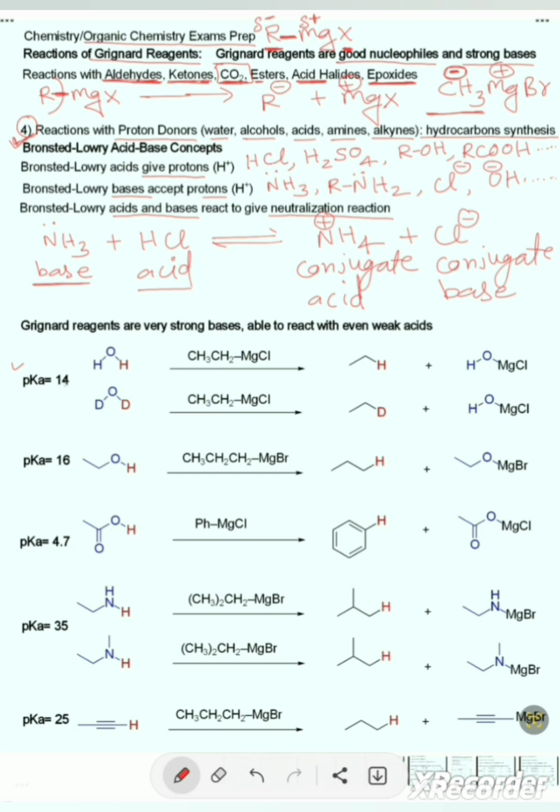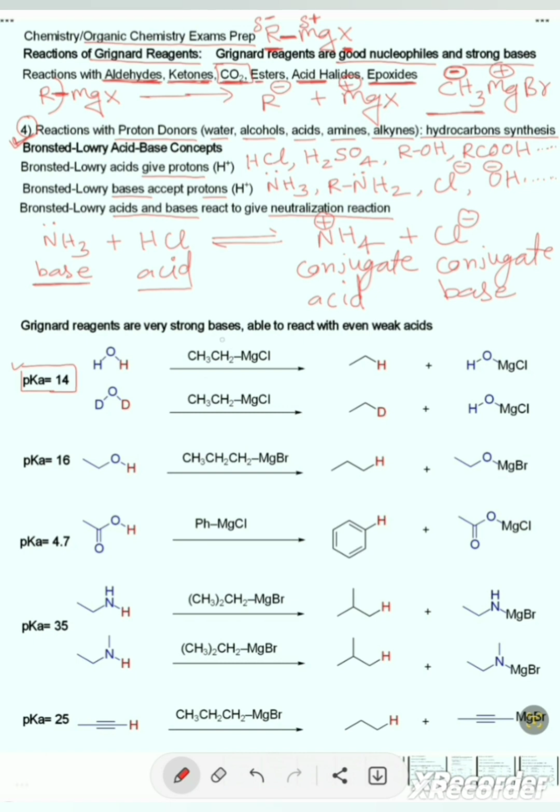Alright, so let's have a look at some of the reactions of Grignard reagents with proton donors. The first reaction: we have ethyl magnesium chloride as our Grignard reagent. It reacts with water. Water's pKa is about 14, which means that it is not very acidic, but it can give a proton to become a Bronsted conjugate base.